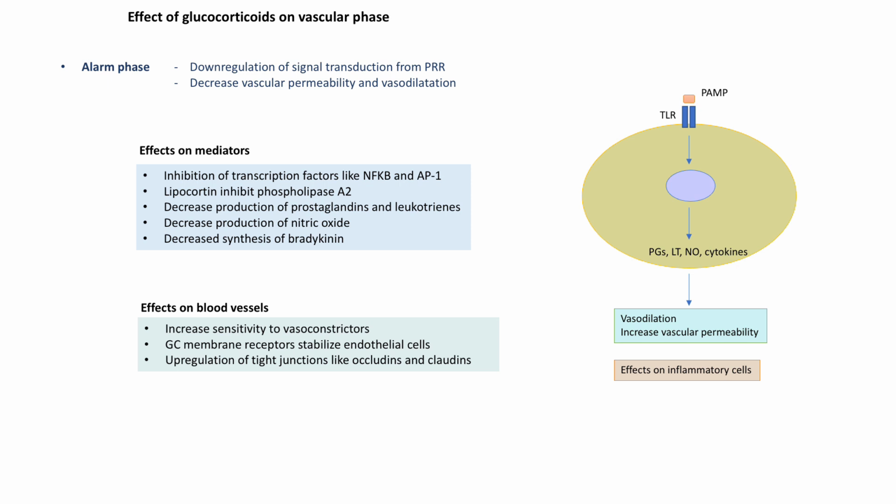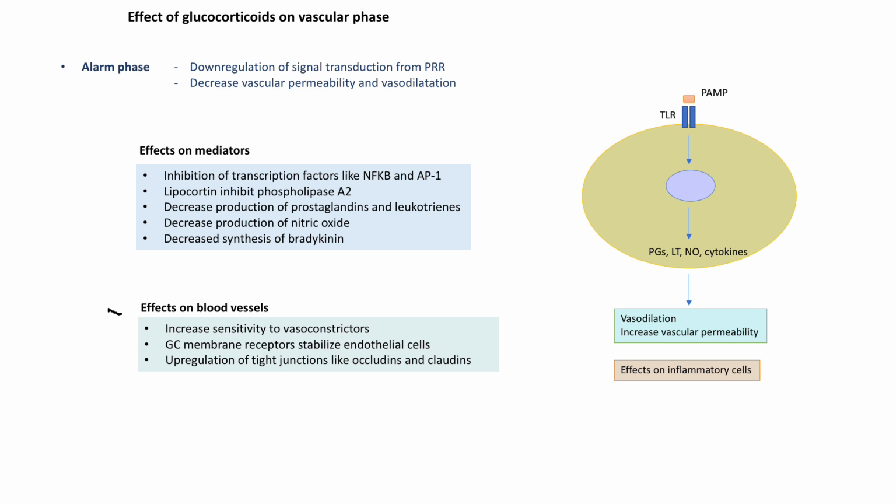So in the alarm phase, glucocorticoids inhibit transcription factors and inhibit production of mediators like prostaglandins and leukotrienes. Another effect of glucocorticoids in the alarm phase is their effect on blood vessels.